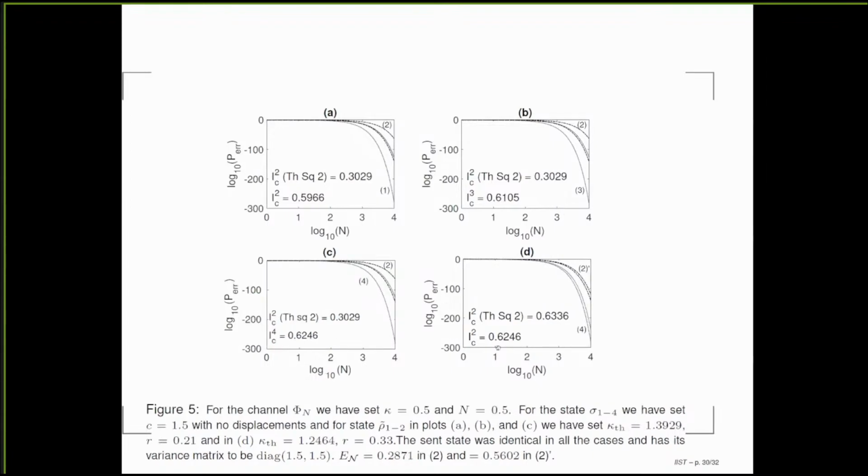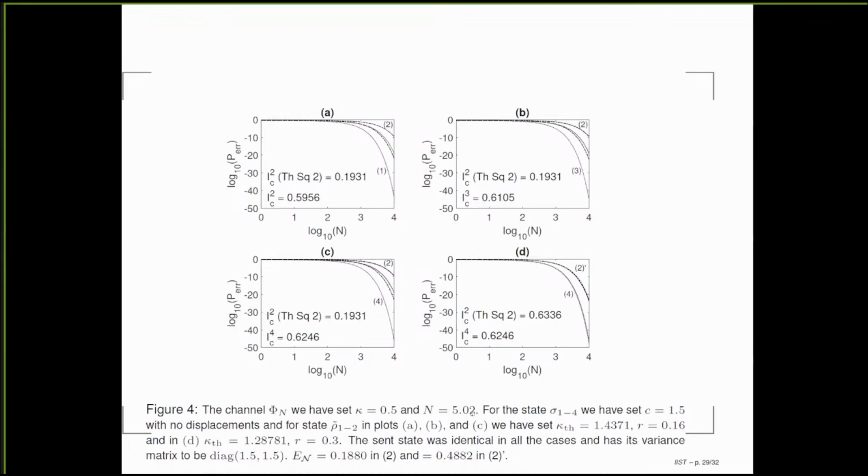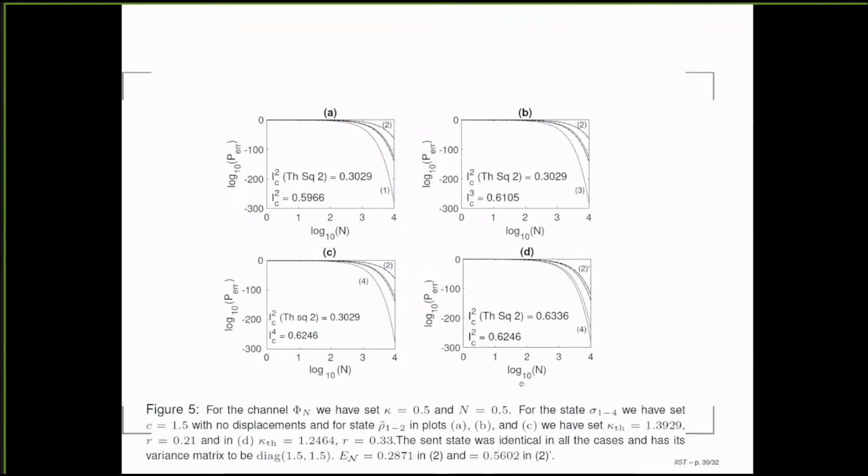Now again, there the noise was higher. So we set an example where noise is lower. If you reduce the noise, you find what happened. 4 can outperform 2, 1 can outperform 2, 3 can outperform 2. 2 is entangled with increased entanglement.